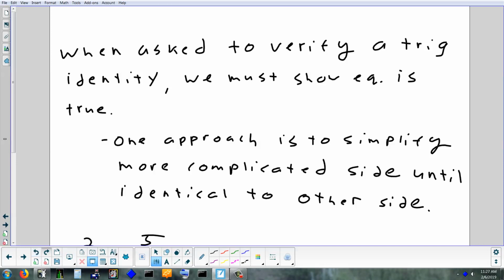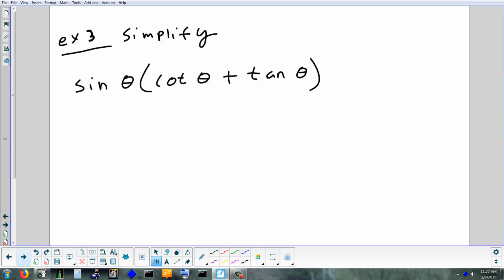All right, let's go back here. What property can you do? We do it with numbers all the time. You have something on the outside of parentheses and then two things added on the inside. Distributive. Yeah, you've got distributive. So if you were thinking, well, that kind of looks like a distributive property, it is. Or if you were thinking, maybe I should change everything to sines and cosines, that's also right.